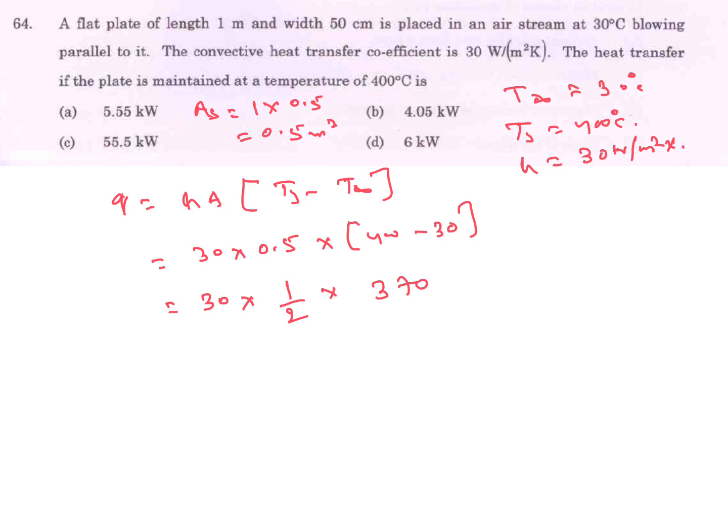So it's 15, 15 into 37 you multiply. It will come 555. Add 10, it's in watt. But in our option it's in kilowatt. It will come 5.5 kilowatt. From option A is the answer.